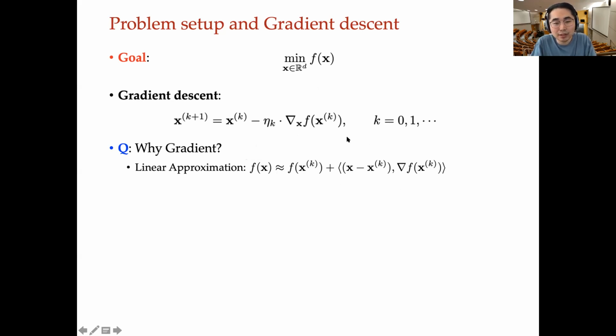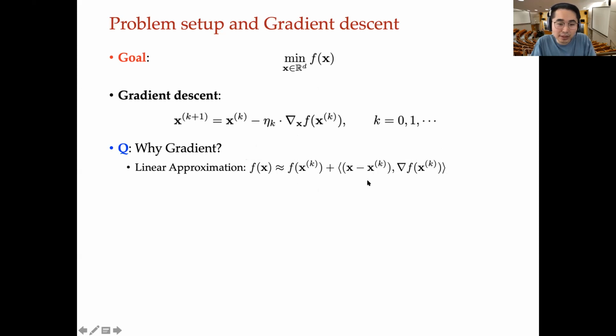The right-hand side you're seeing is just a first order approximation, or the truncated Taylor expansion with respect to xk, our current point.